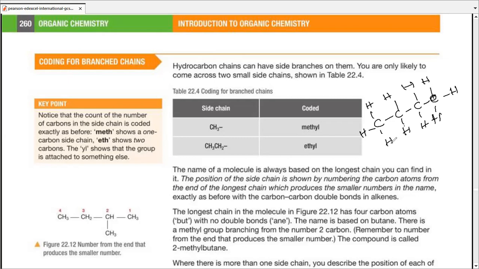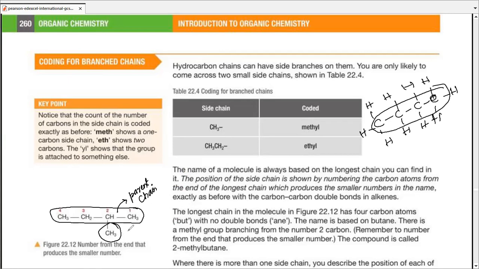Now you may notice something like this where all the carbon atoms are in a straight line, but there is a branch going on, with carbon atoms also connected to the internal carbon atoms. We call this the parent chain, and we call this the branch, just like the branches on trees.